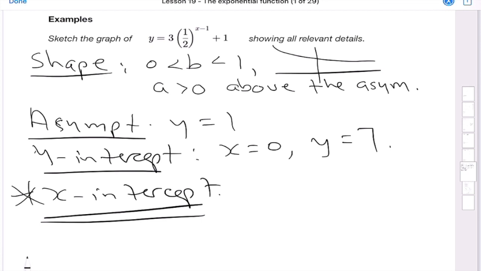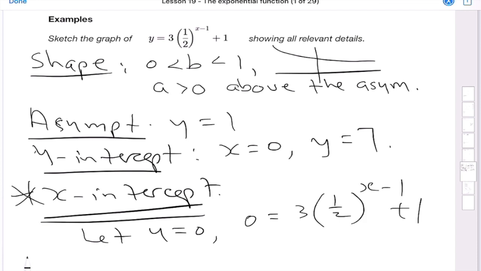If you try to work it out, then you will obviously let y equal to 0. But if you do that, you get 0 is equal to 3 multiplied by half to the power of x minus 1, all that plus 1. If you move the 1 to the left and you divide by 3, you then get negative 1/3, which is equal to half to the power of x minus 1.